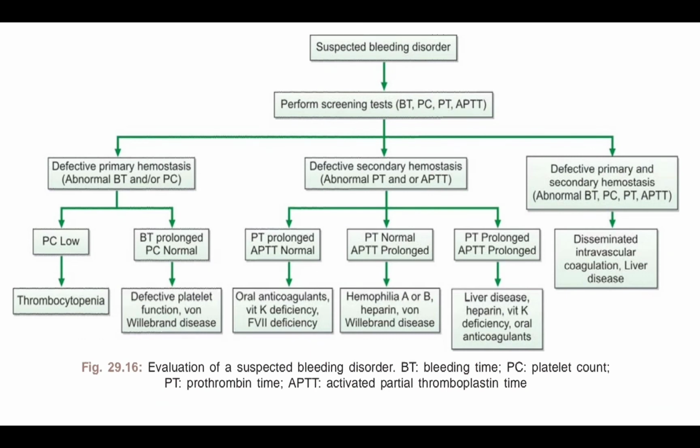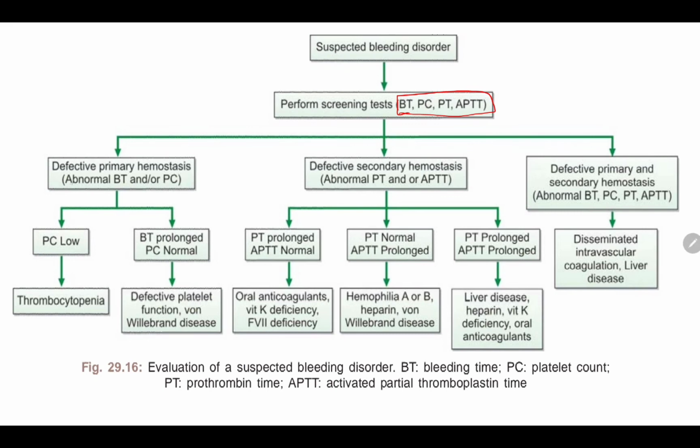Now, here is the complete flowchart for the bleeding disorder. As we first suspect the bleeding disorder, we go for some screening tests like bleeding time, platelet count, PT, and APTT. Depending on the result of these 4 tests, we have to decide whether there is a problem in primary hemostasis, secondary hemostasis, or both primary and secondary hemostasis.